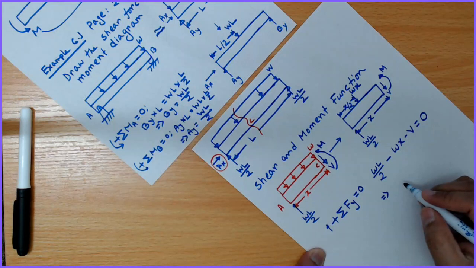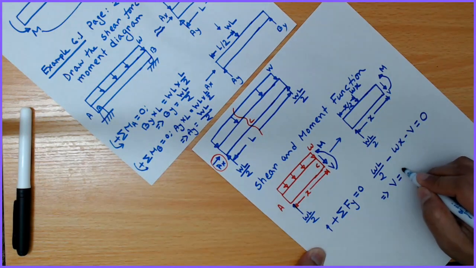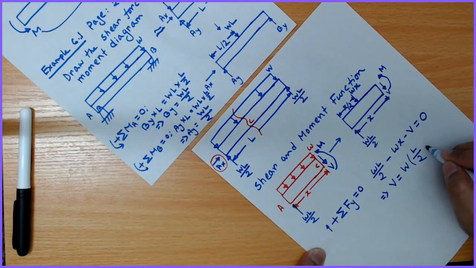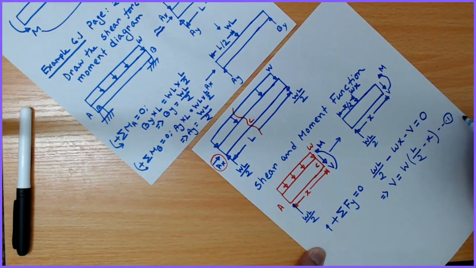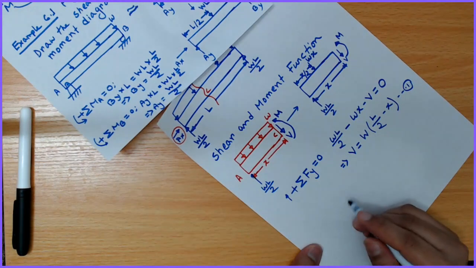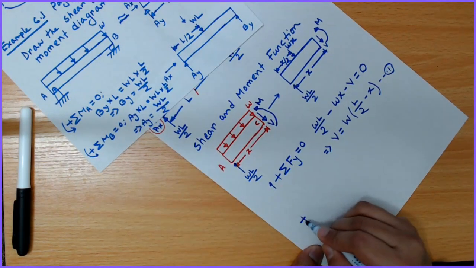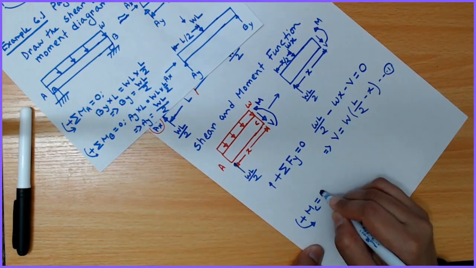So if I take the V, I can write V equals WL by 2 minus Wx. So this is my equation number 1. Now take the moment with respect to point C equal to 0.